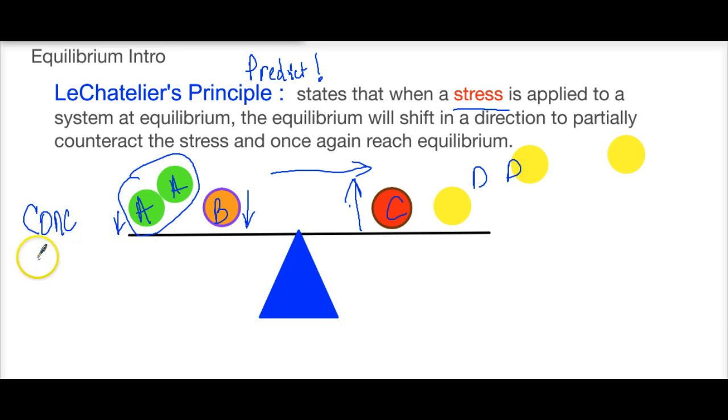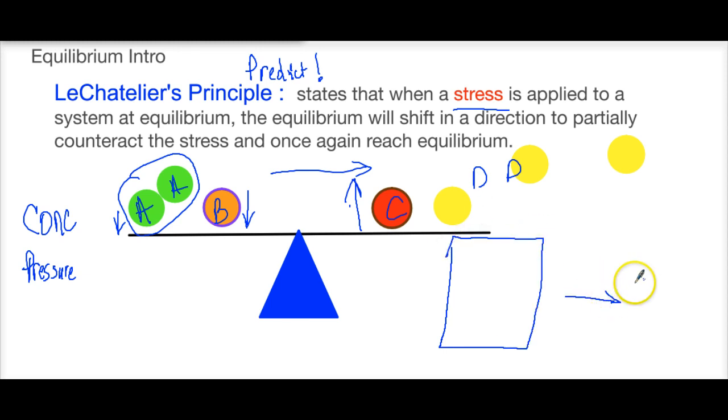So we can change concentration. We can change pressure. Now with pressure, we have to think about our reactants as in a box. So we have this equilibrium, and this is for gases. We only talk about pressure when we're talking about gases, of course.